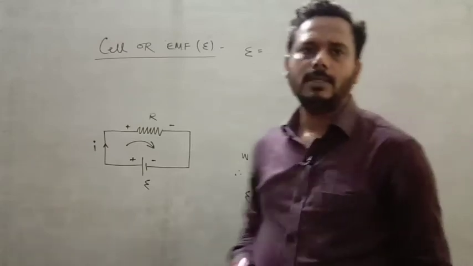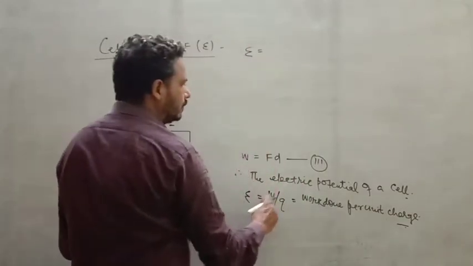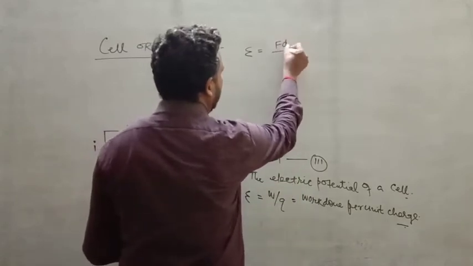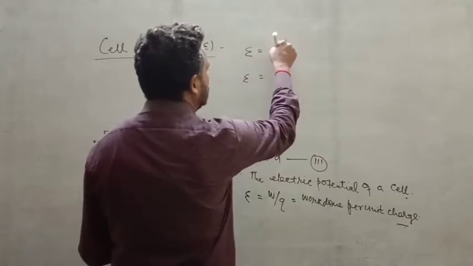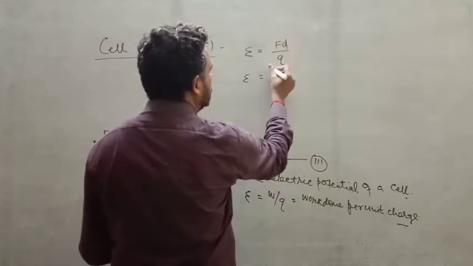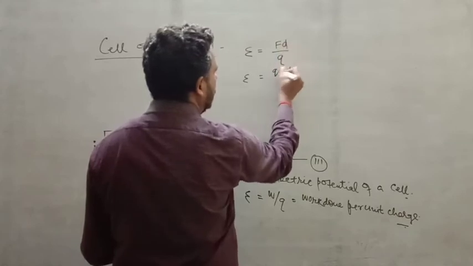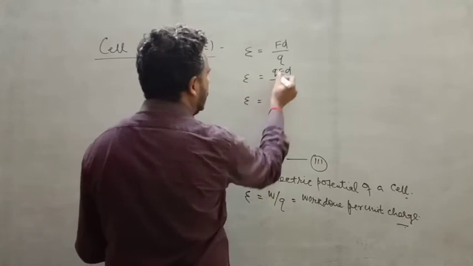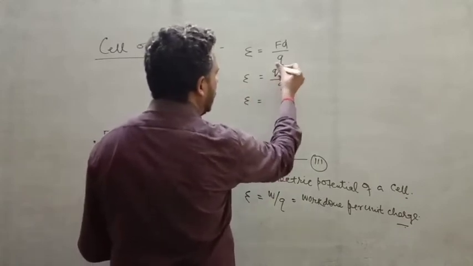Alright, therefore this is work done per unit charge, and you know from this equation that your work done is FD divided by Q. Now you put the value of F from the previous equation, and this is QE, D be there, and then divided by Q. Again you can also cancel this one. We will cancel this later. First I just want to evaluate this one.